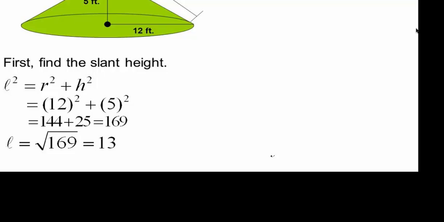So here we have an example, and I don't have L, I have H. So I'm going to plug those into the equation. It doesn't matter which side these parts go to, so it's perfectly okay to have L squared first. And I have 12 squared plus 5 squared. Calculate the squares, add, and this one happens to be a perfect square, 13.